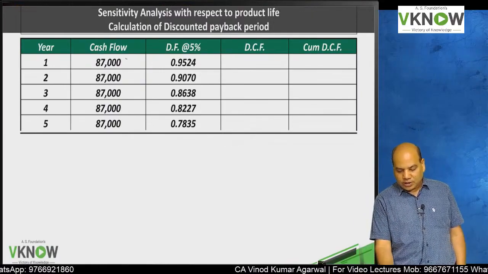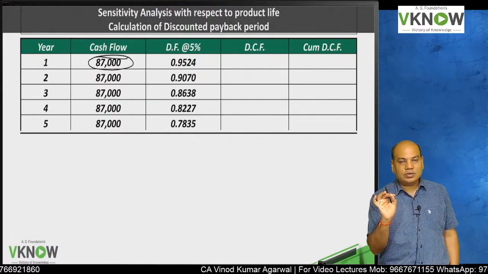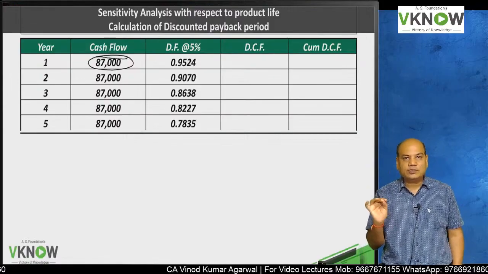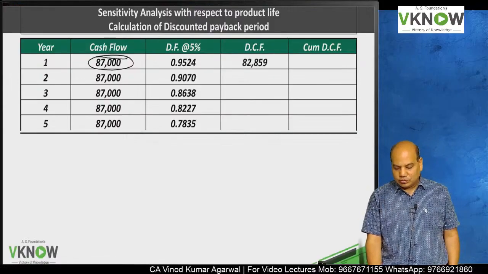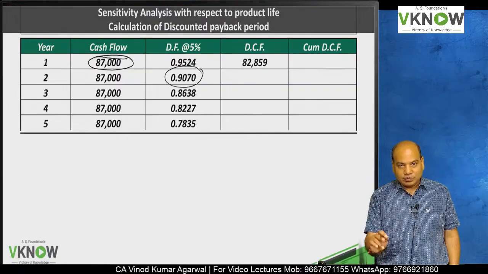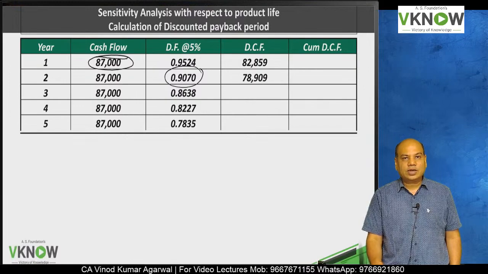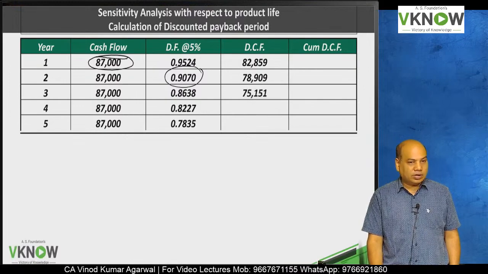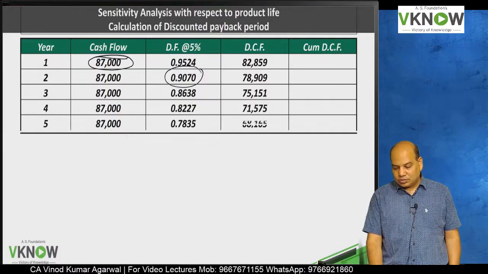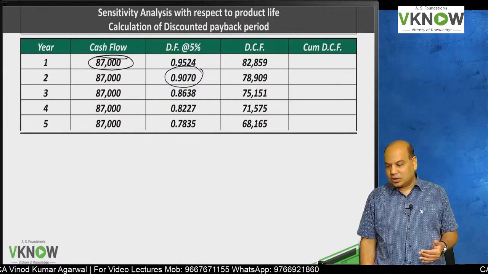You have to multiply by a constant number, 87,000. First time 87,000 into 0.9524 equal to. Next time only type the factor and press equal to, you will get the answer. Again type the factor, press equal to, and so on. That way you can do it faster.